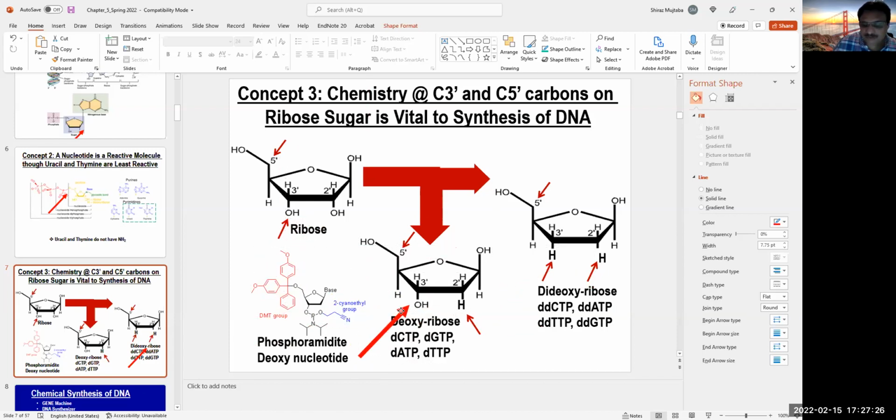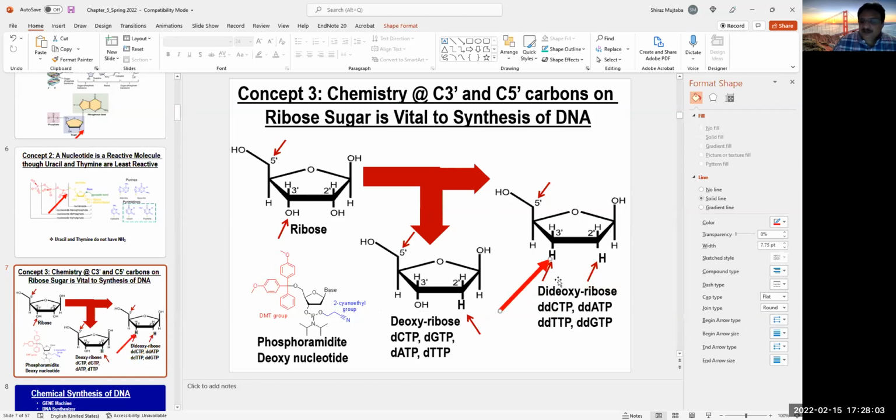So if you replace this OH group with H, then you stop the replication or transcription. Why? Because hydrogen is not sufficient to form a phosphodiester bond. The third carbon atom in deoxyribose and ribose has an OH group, which can facilitate the formation of a phosphodiester bond. But if there is only H, then there is no formation of a phosphodiester bond.